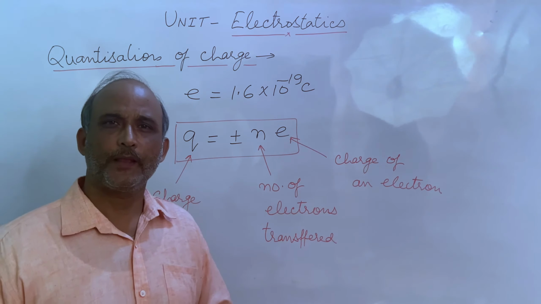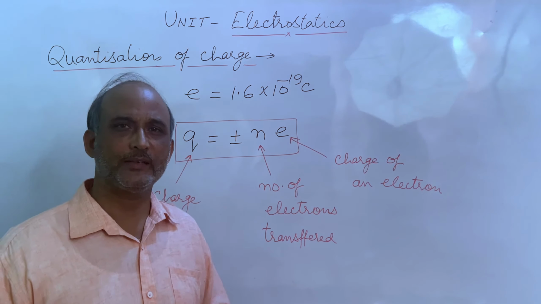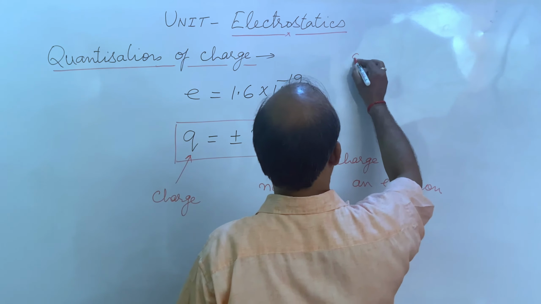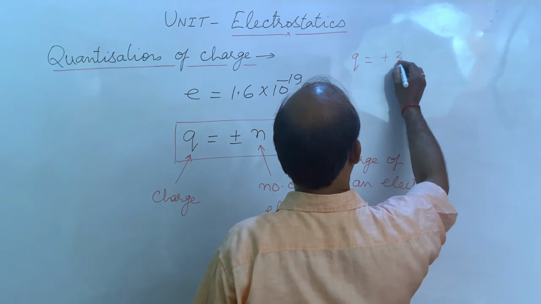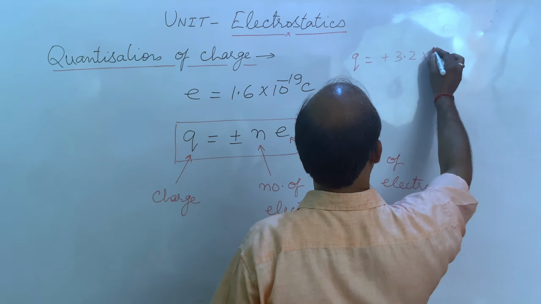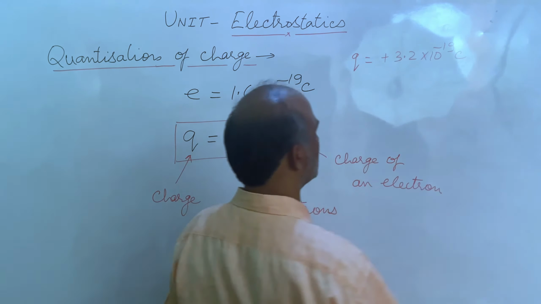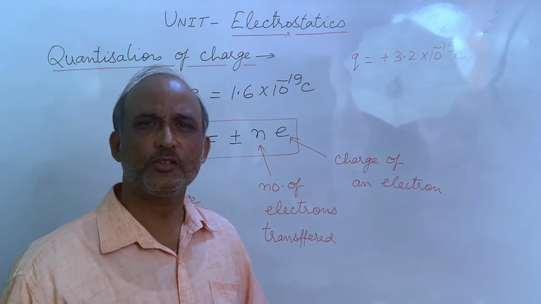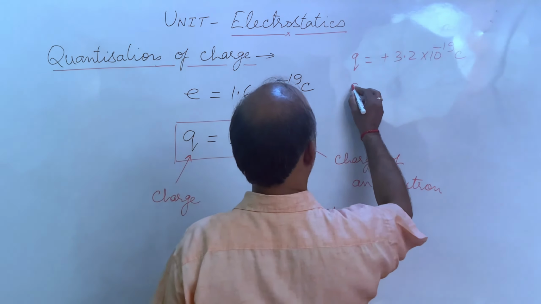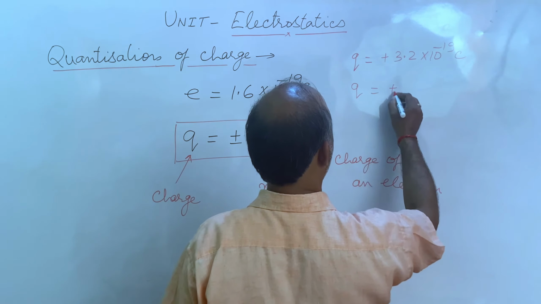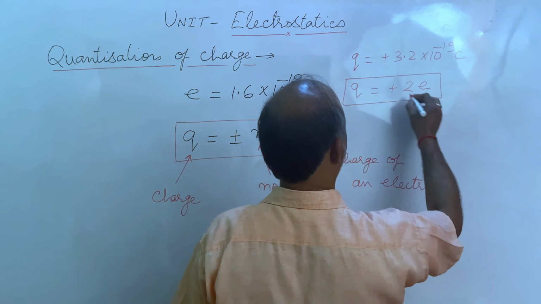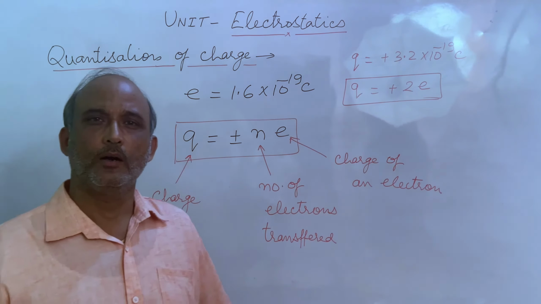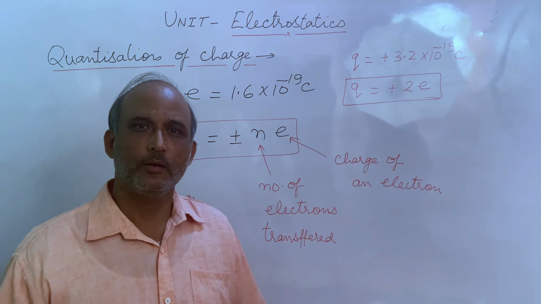If a body possesses Q equal to plus 3.2 into 10 raised to power minus 19 coulomb, then this charge may be written as Q is equal to plus 2e. This is the quantization of charge.